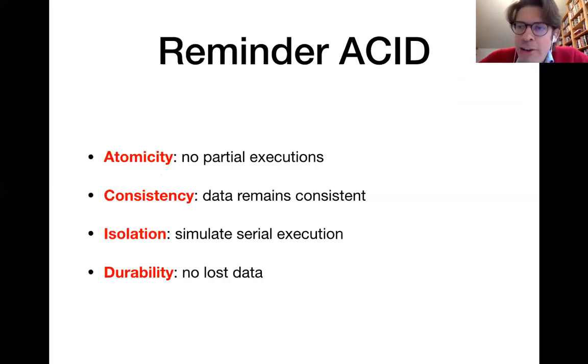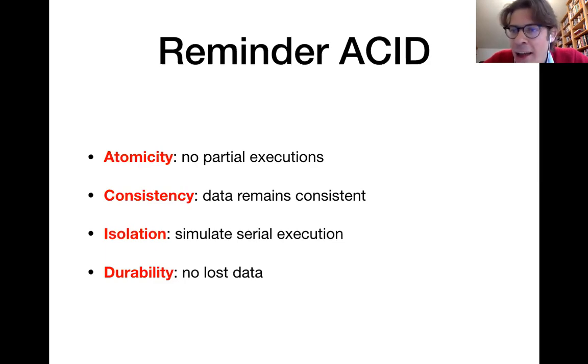So we have talked about the guarantees that database systems make when it comes to transaction processing. Atomicity, which means no partial executions. Consistency, which means that your data remains consistent and satisfies all constraints. We have talked a lot about isolation, which means we simulate different transactions executing serially.